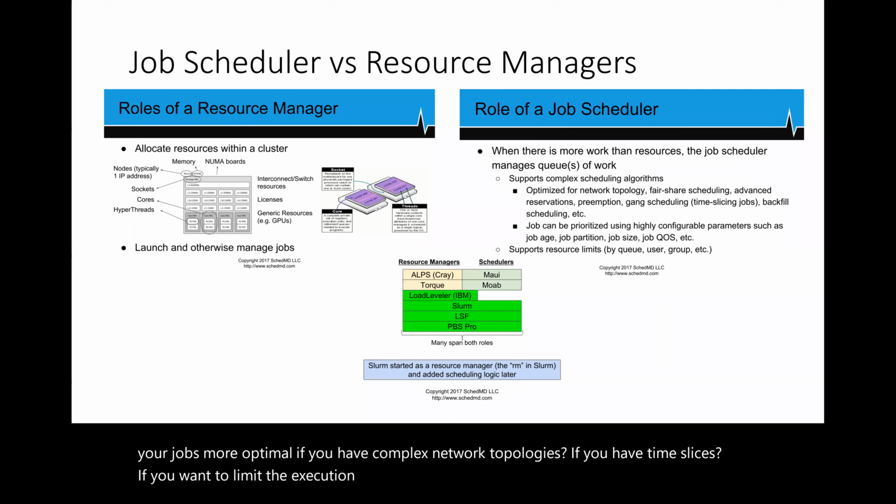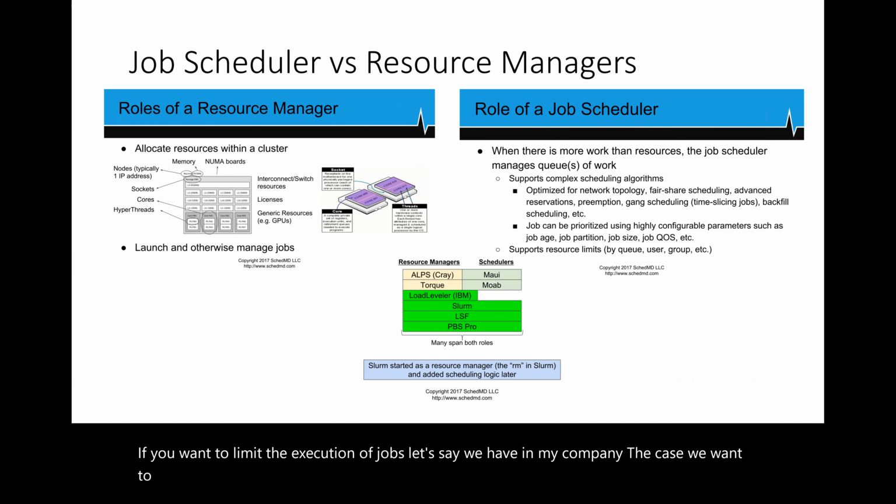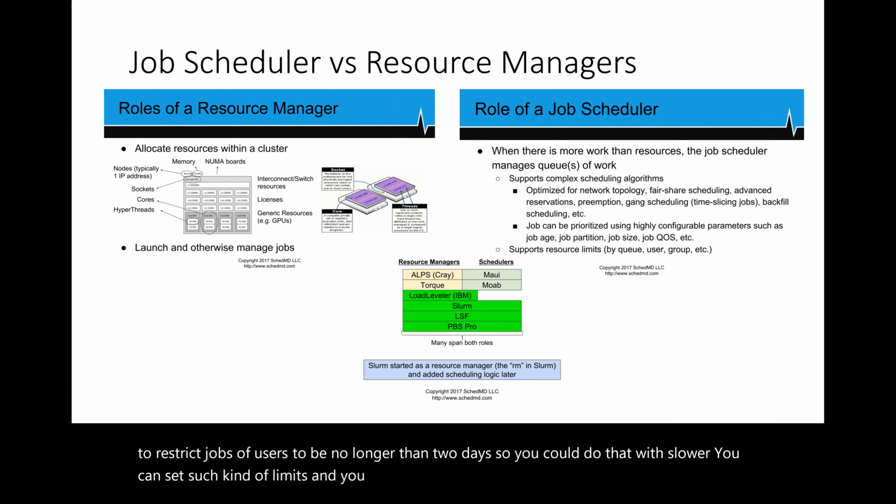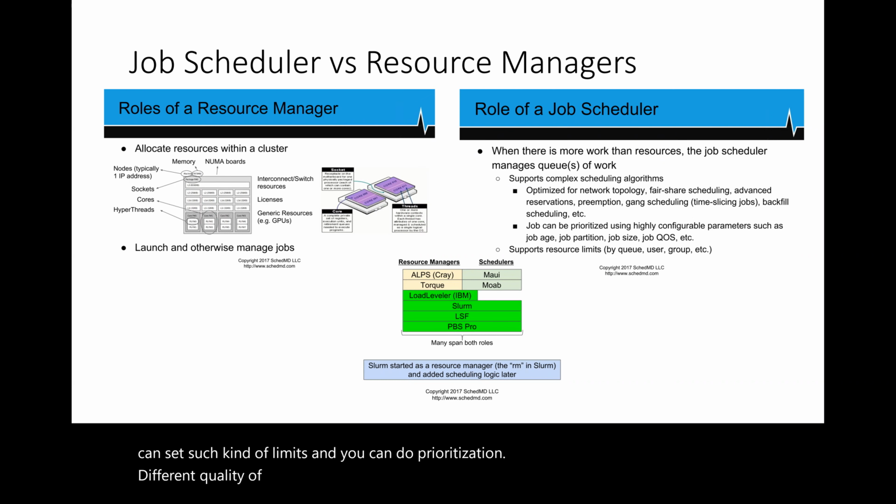Let's say in my company we want to restrict jobs of users to be no longer than 2 days. You could do that with Slurm. You can set such kinds of limits, and you can do prioritization, different quality of service, different priorities. It's quite powerful.